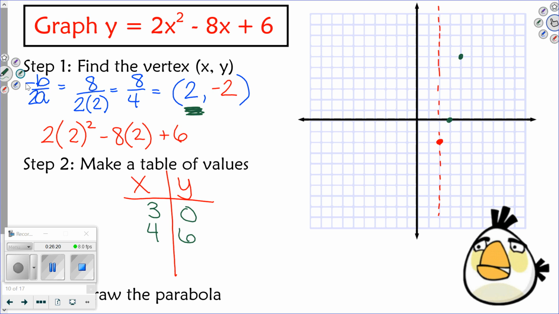So do you see how this first point I graphed was 1 space away from that line I drew? So where should it be on the other side of that line? 1 space on the other side. And my second point that I graphed was 2 spaces away. So I'm going to go 2 spaces away on the other side. I want to make sure it's the same. It's got to be symmetric. And then I can draw my parabola.